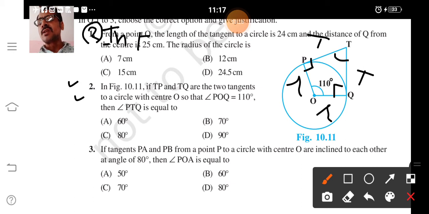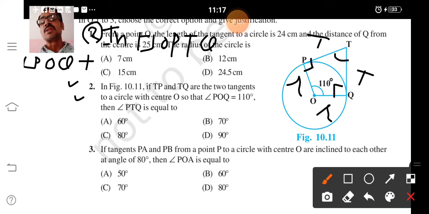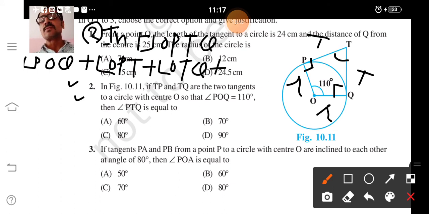So here in quadrilateral OPTQ, angle O, how will you represent angle O? Angle POQ plus, how will you represent P? OPT, how will you represent T? OTQ, how will you represent Q? OQT equals 360 degree.